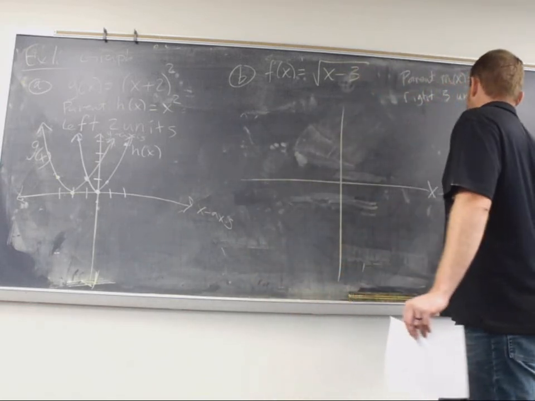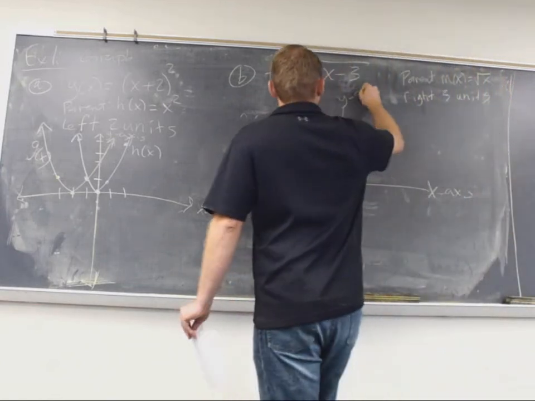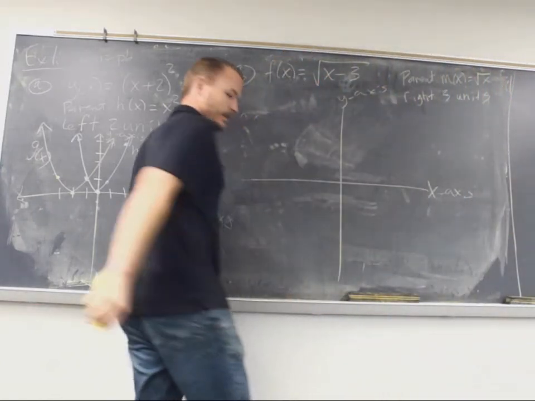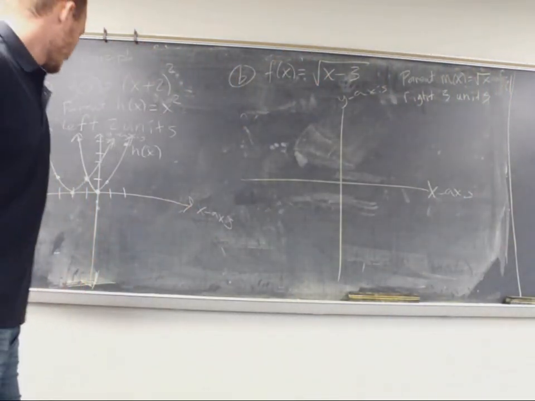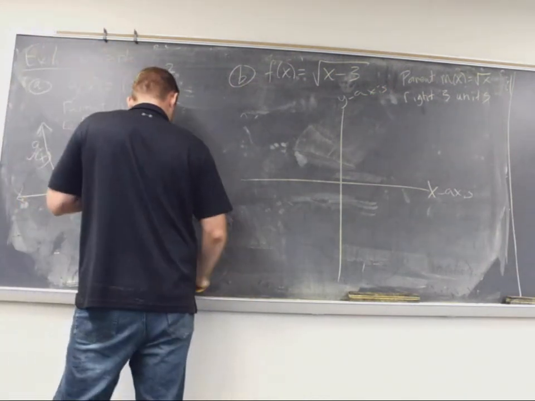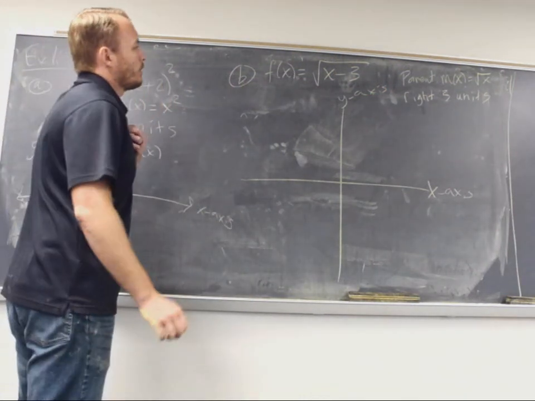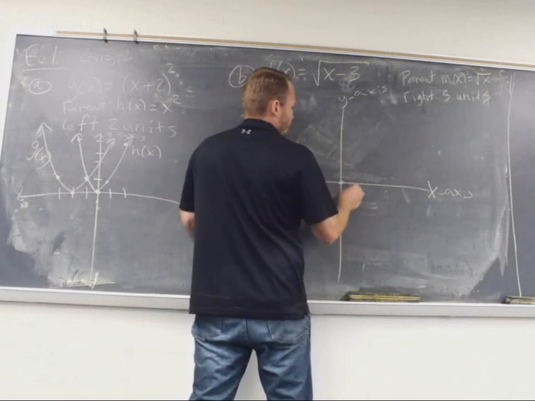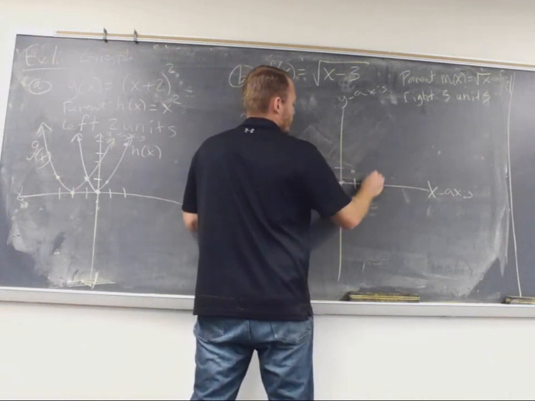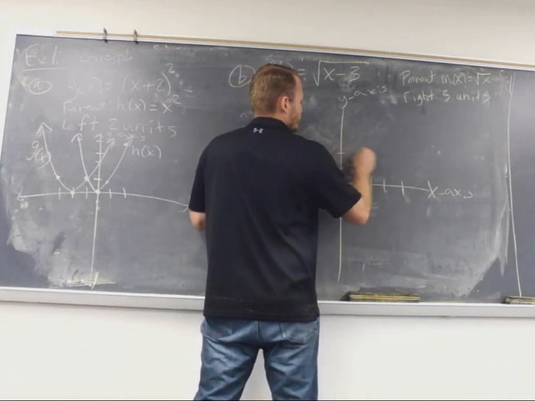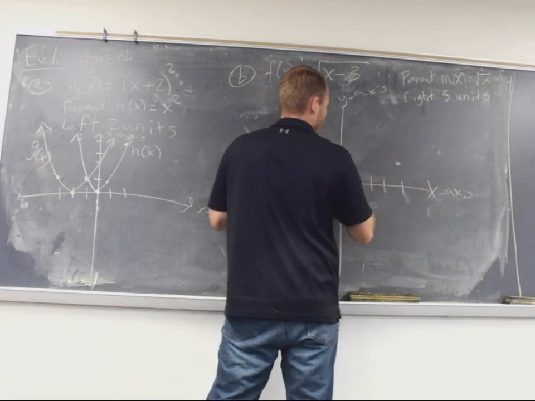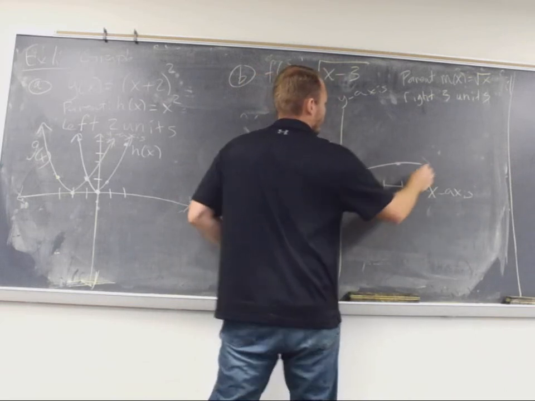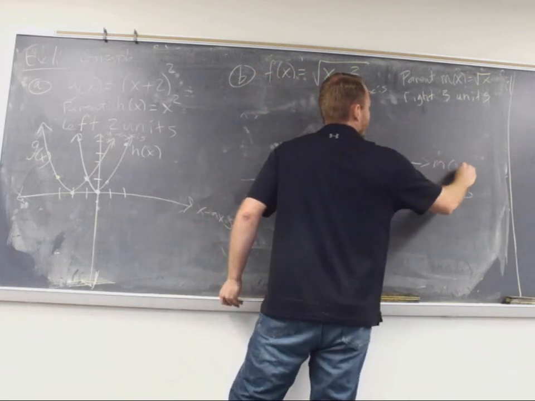Here's the x-axis and the y. And to draw the parent function square root of x, I get 0, 0, 1, 1, 4, 2. That's m of x.